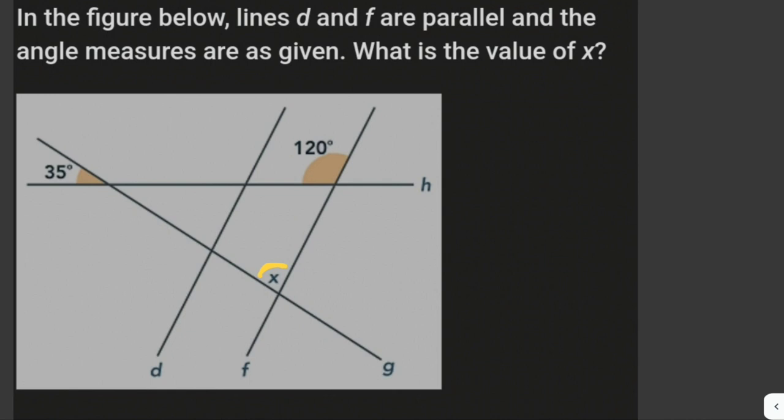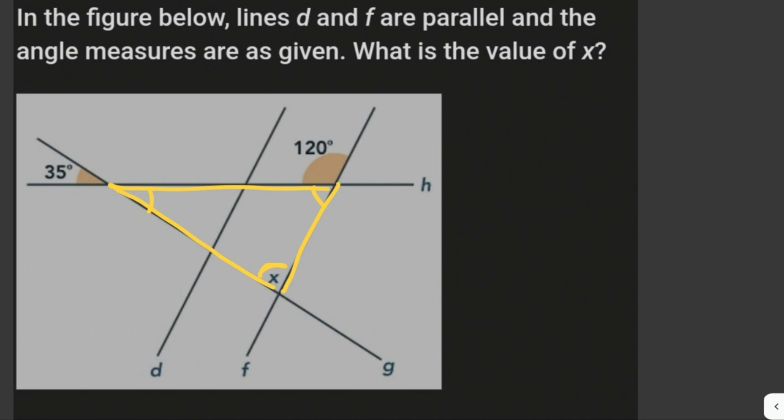So basically we have 4 lines here: D, F, H, and line G. Lines H, G, and F create a triangle, this one here. So we just need to find this angle here and this angle to solve for x.